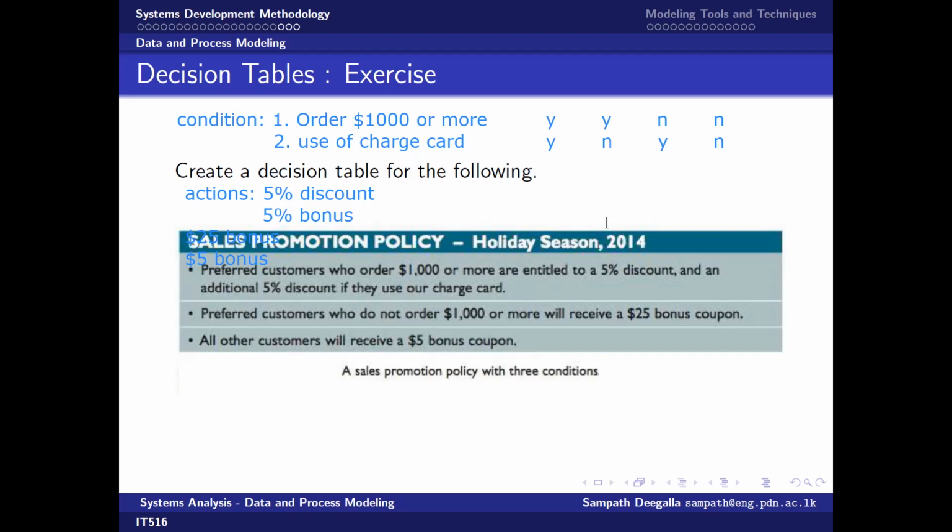So which one are we getting? 10%. 5% discount and the additional 5%, so total 10% discount. Exactly. So I think we could combine this one. So we are getting 10% of the bonus. That means $100. For the second one, only 5% discount, only for a $1,000 or more order. Oh yeah, second one, they have ordered 1,000 or more, but they have not used our charge card. So that will be 5% discount, right?